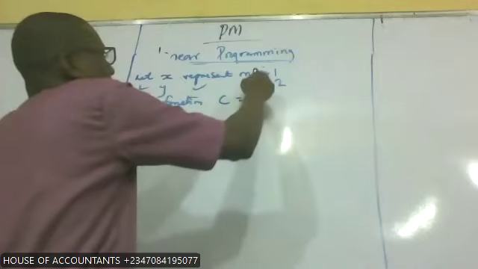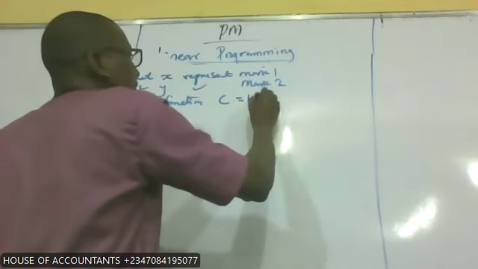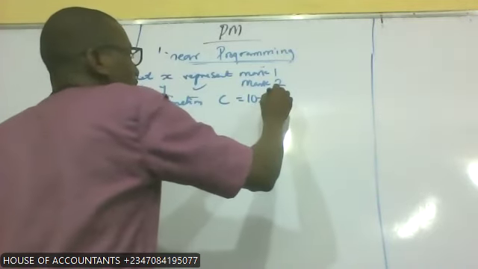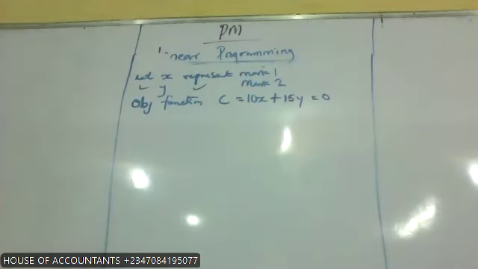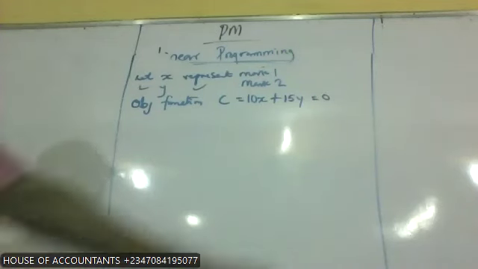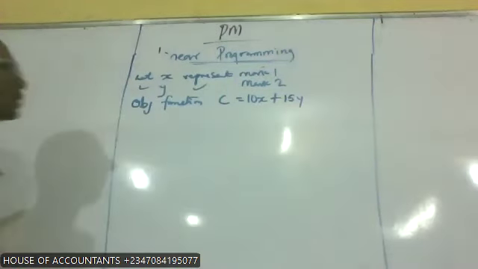It's no longer Mark, it's now 10X plus the second contribution, 15Y. Contribution equals 10X plus 15Y. What is the next thing to do?